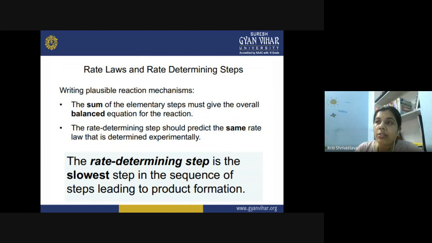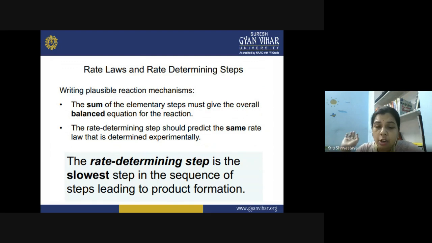Rather, you have to see which is the slowest step among all the elementary reactions, because the reaction cannot proceed slower than that step. That is the rate determining step. The slowest step in the reaction mechanism becomes your rate determining step because it takes the maximum amount of time compared to all the elementary reactions.